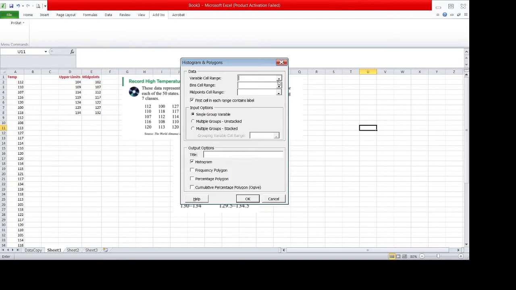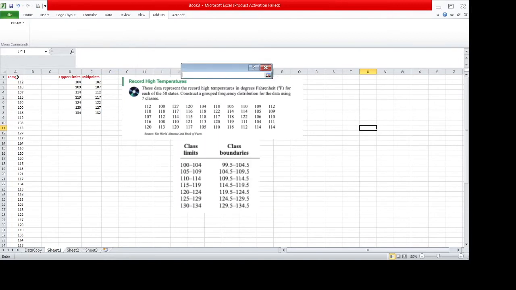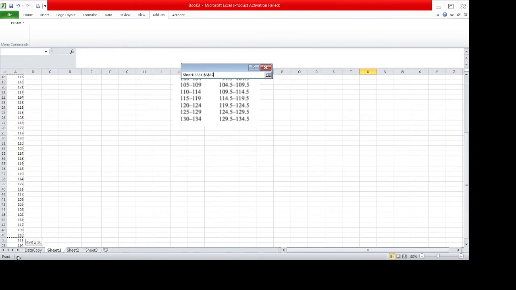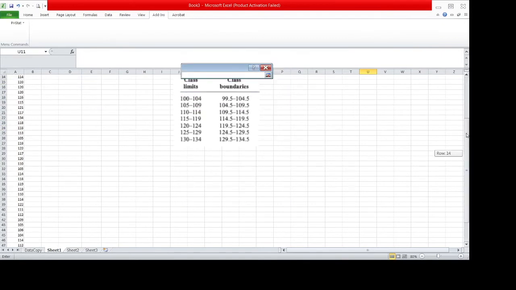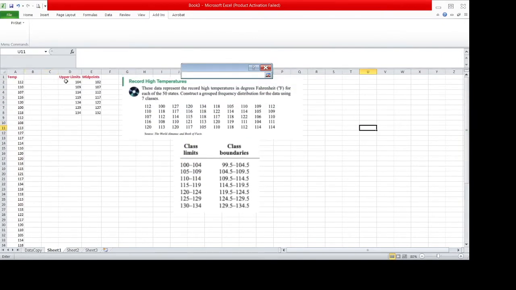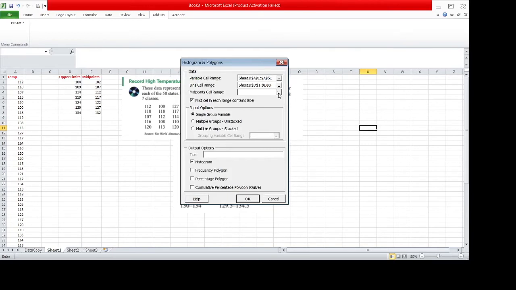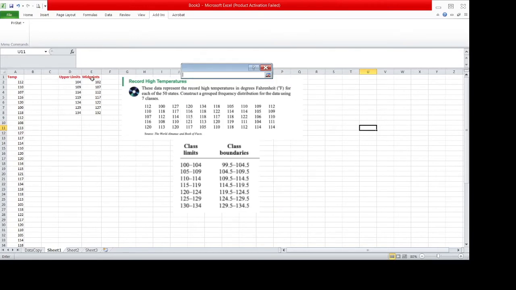Now, for the variable cell range, highlight this column that contains all the 50 values, including the label. For the bin cell range, highlight the values of the upper limits, again, including the label. And for the midpoints, highlight the midpoints column.